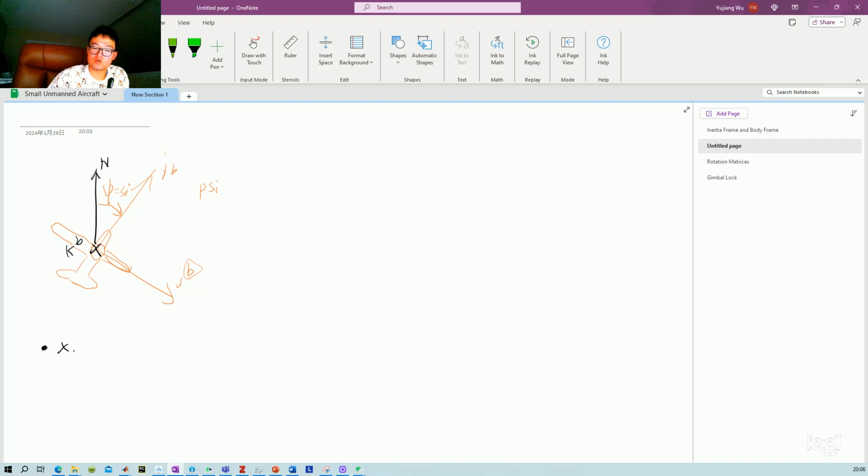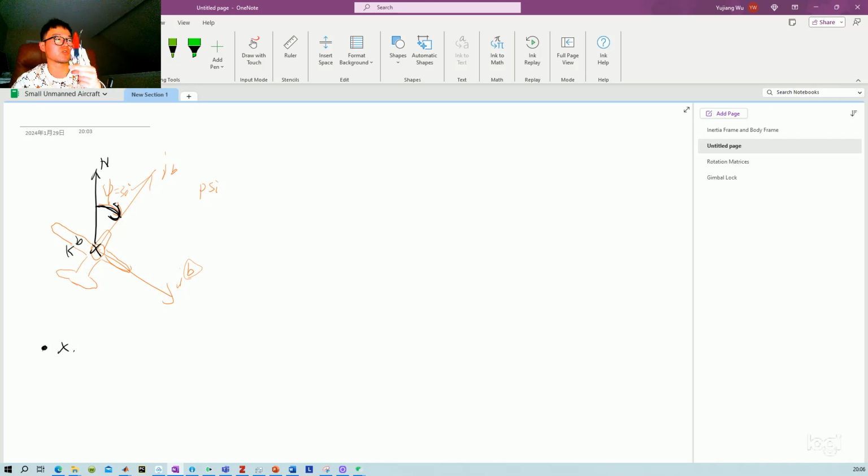And then the right-hand rotation is your thumb pointing into the page, rotating against your z-axis or k-axis. So that's why the positive direction of the yaw angle is defined like that. That's your yaw angle.